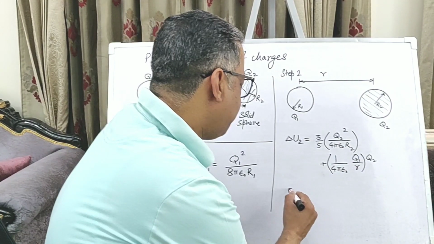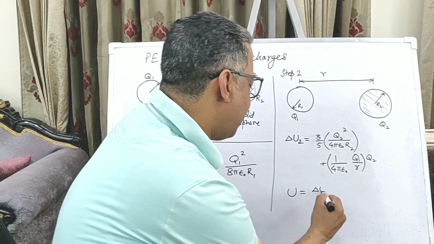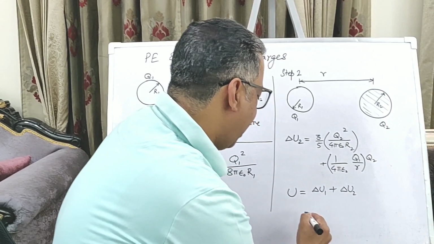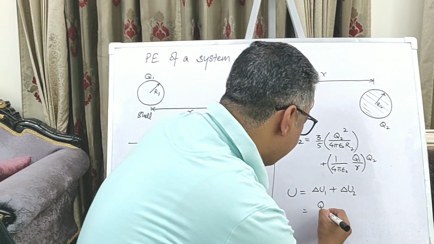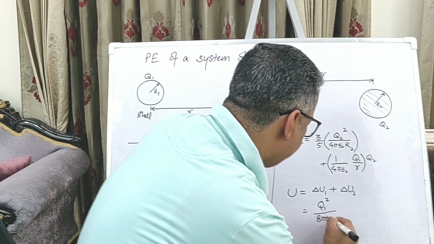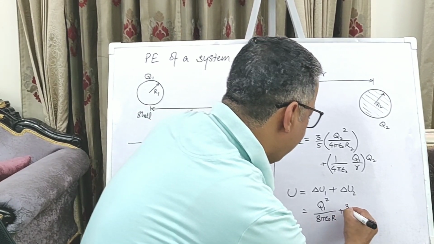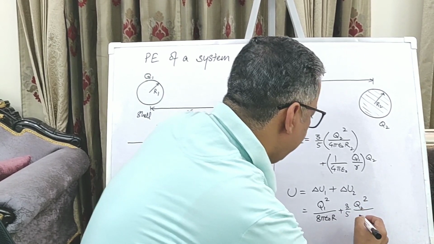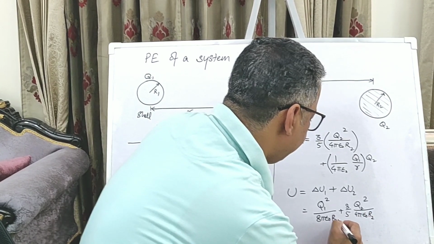Now, to calculate the potential energy of the system, all we do is add delta U1 and delta U2, and we have the potential energy of the system. So the total potential energy now comes out to be Q1 square by 8 pi epsilon naught R plus 3 by 5 Q2 square by 4 pi epsilon naught R2.